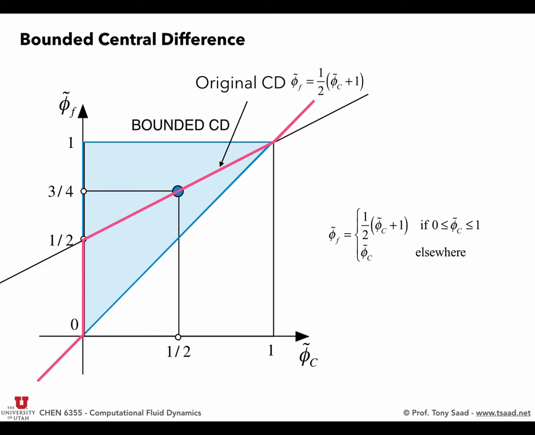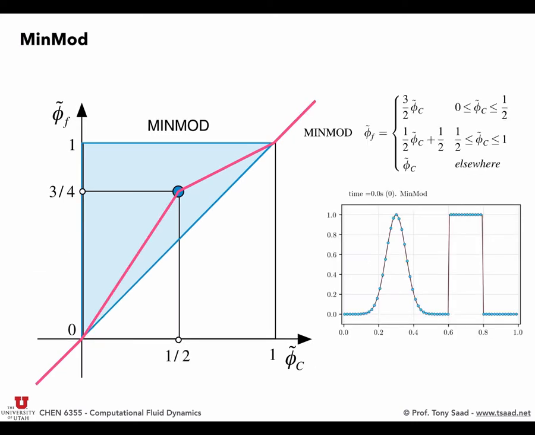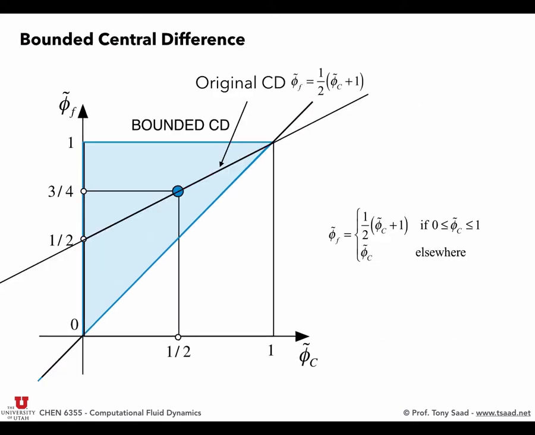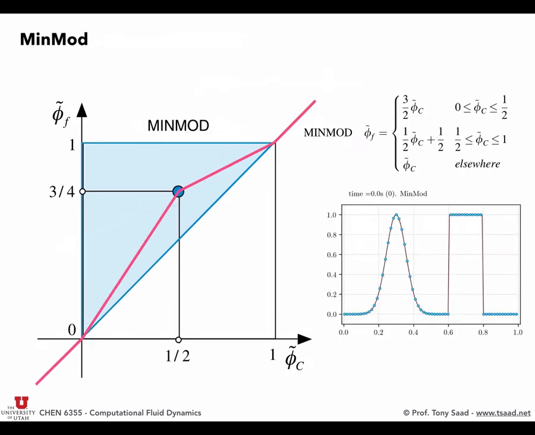You can take any of the other schemes and make them bounded, as long as you satisfy this CBC criterion. One more thing: you want to avoid sharp angles when you're making these turns, because they lead to convergence issues. So you want to change smoothly as you go through the region.